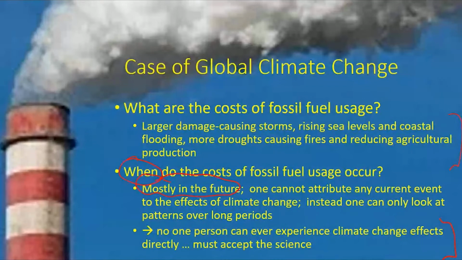I want to highlight the fact that no one person can really experience the effects of global climate change, because global climate change is something that's been recognized because of looking at long patterns of carbon dioxide emissions in the atmosphere, looking at long patterns of storms and other sorts of weather events. And you have to look at the patterns over 50 years, 100 years, or even more in order to get a sense of whether the climate is really affecting these particular things.